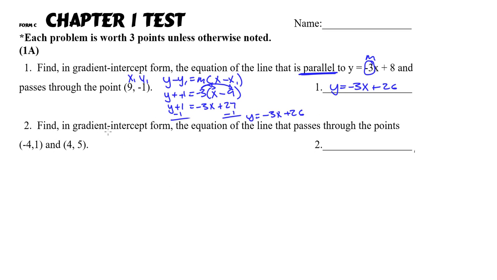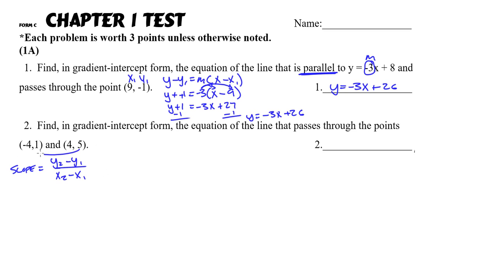Number 2: find in slope-intercept form the equation of the line that passes through these points. So they're not giving us the slope. We actually have to find the slope, and then once we have the slope, we can use either one of these two points. Officially, the slope formula is y2 minus y1 over x2 minus x1.